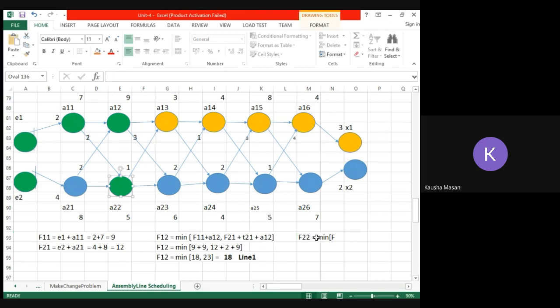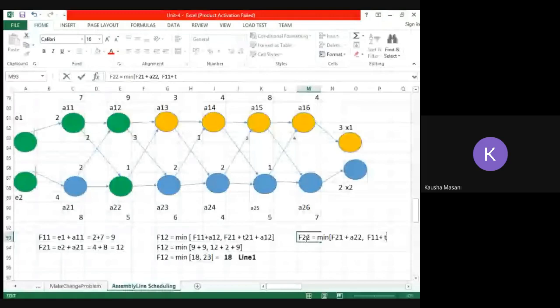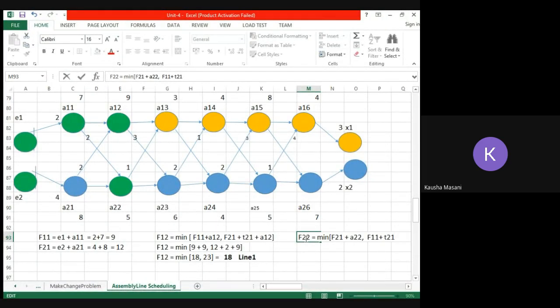So F22 is equal to minimum of F21 plus A22, comma, if I change the line, plus the transportation charge. Sorry, it will be T12 plus A22.